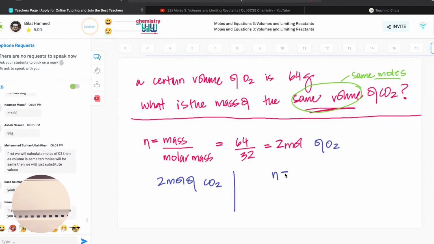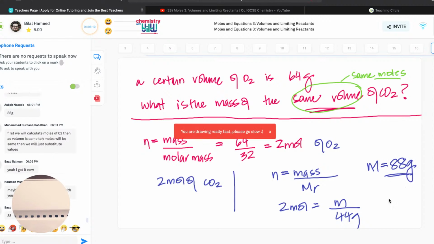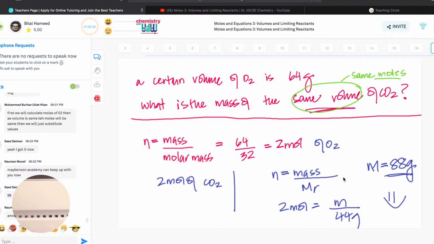So now same moles का mass निकालना है. But Mr of CO2 is 44. So 2 moles is mass over 44 grams. What do you get? It's 88 grams. Awesome. Yeah. Not 96 dm cube. Who asked for volume? Nobody asked for volume. I don't know what they're calculating.